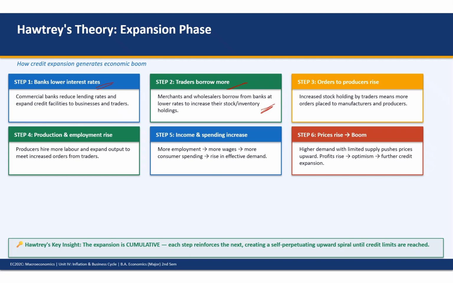After that, traders place large orders with producers because they want to hold more stock. Producers respond by raising production and employment by hiring more labor, which increases employment in the economy.